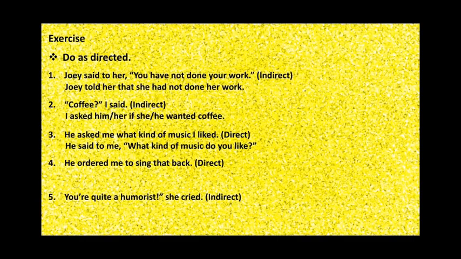When we are converting it into a direct speech, this is changed into an interrogative sentence because we have a question here with a question mark. And children, while changing into a direct speech, do not forget to put comma and the inverted commas.